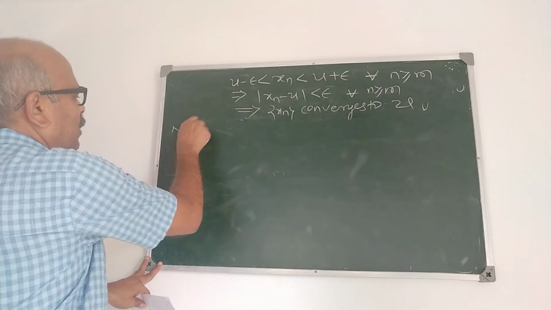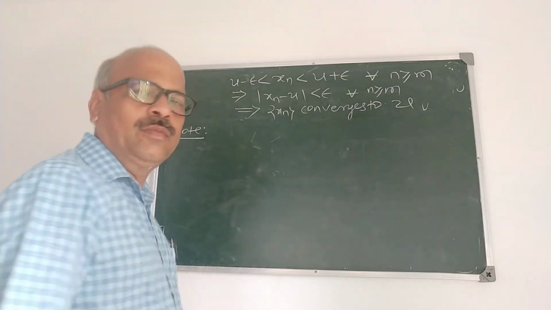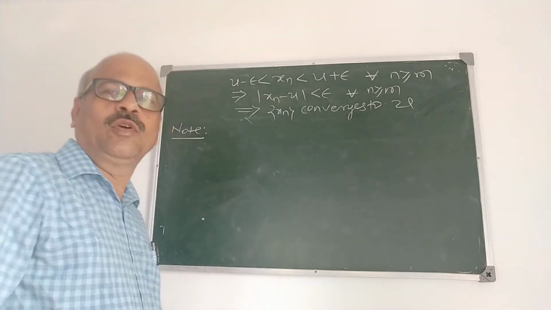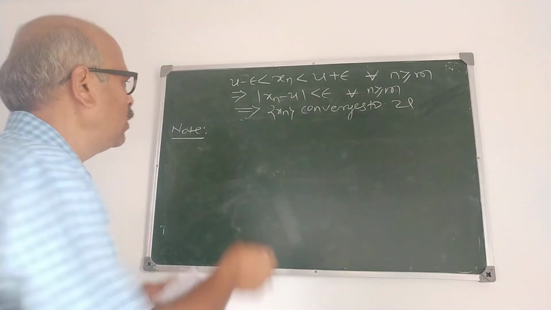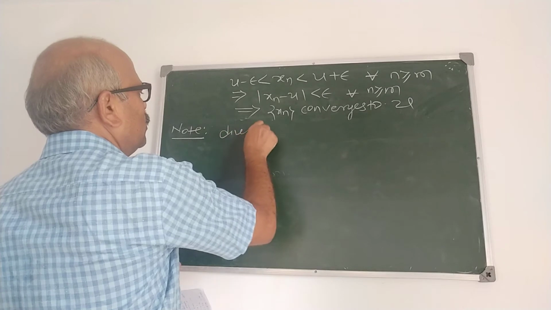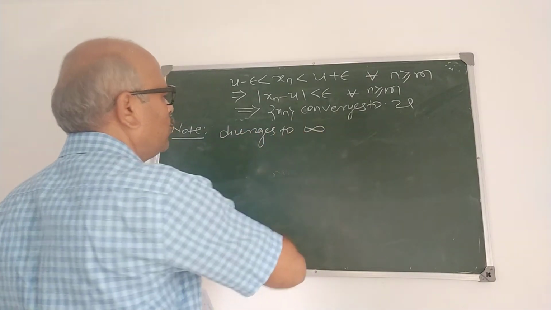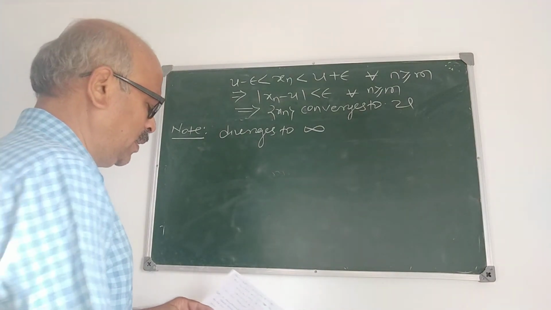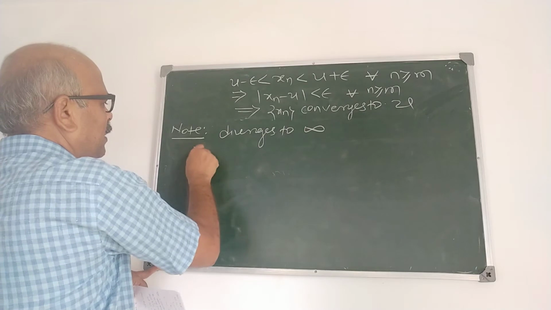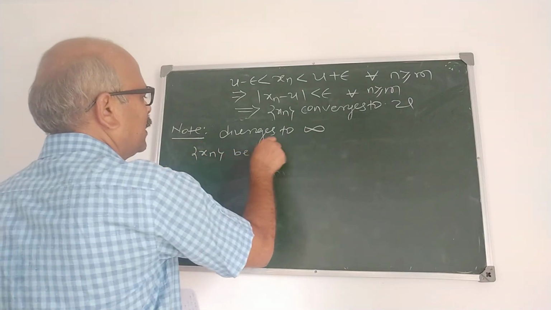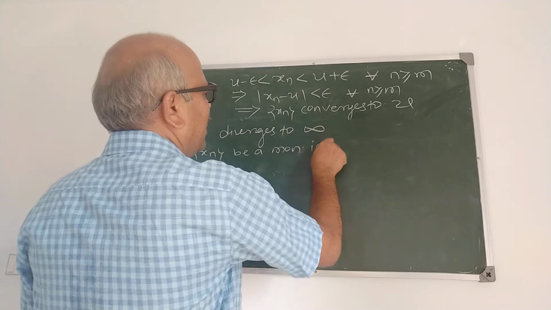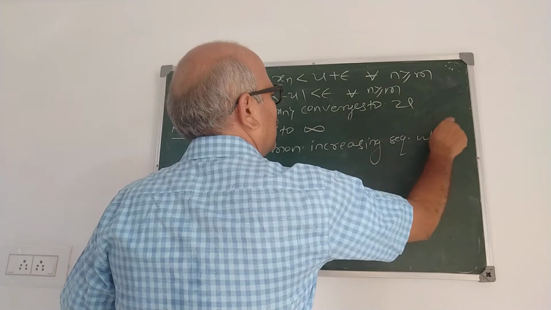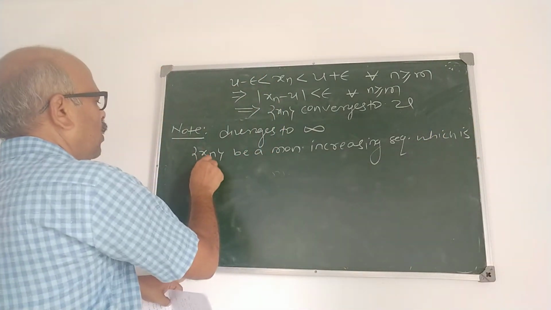Now a remark or note: if a sequence is monotonically increasing and it is not bounded above, see what happens. If the sequence is monotonically increasing and not bounded above, then it diverges to plus infinity. Let xn be a monotonically increasing sequence which is not bounded above.